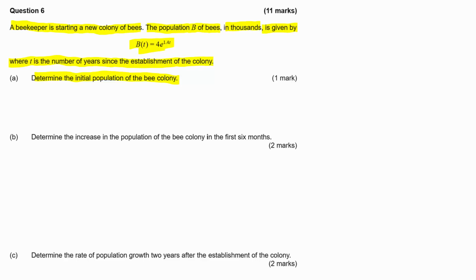Well, the initial population will be when t is equal to 0. So B(0) is 4e^0, which is equal to 4. Now remember, that's in thousands, so it's going to be 4,000 bees.